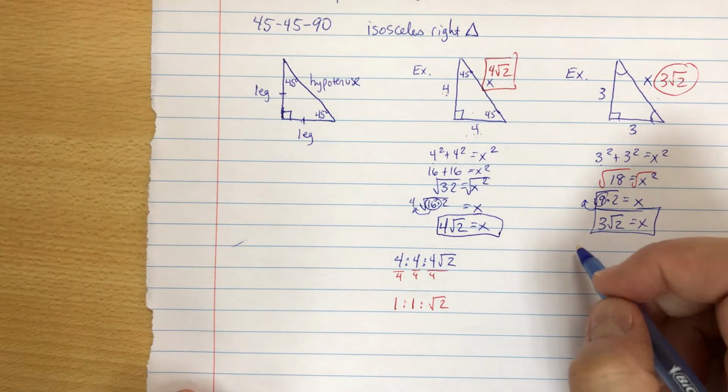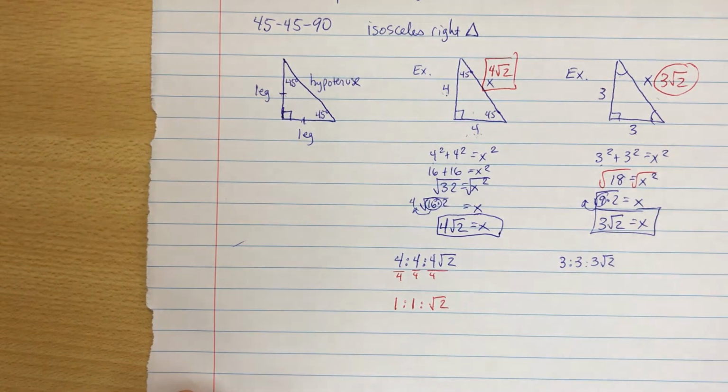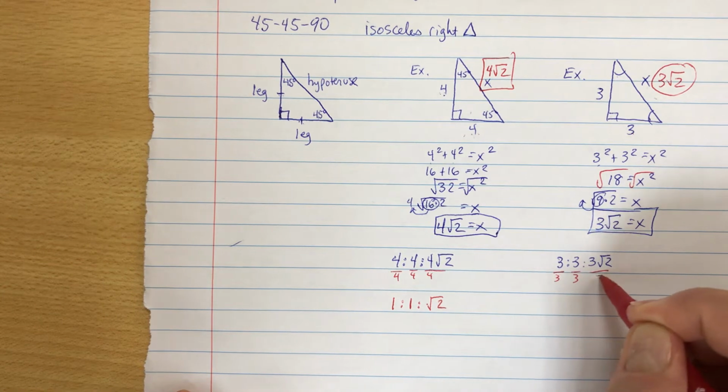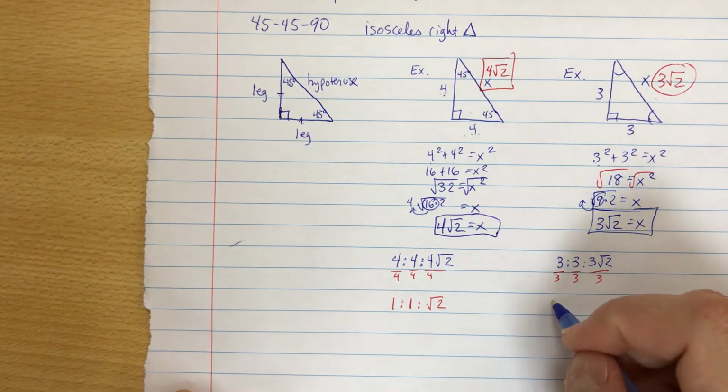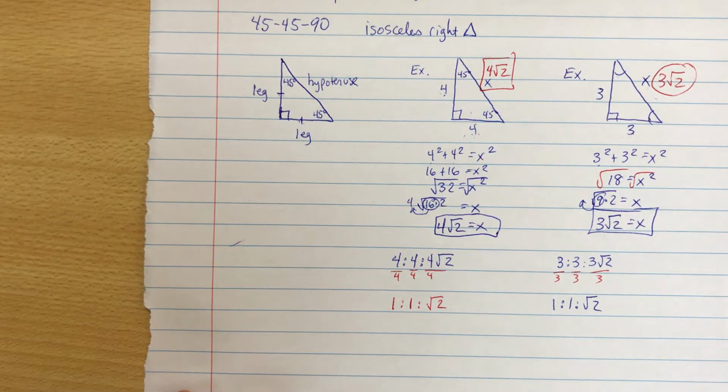If the measures of the right triangle are 3, 3, 3 square root 2, this time we could divide by 3 to reduce, and we would get 1 to 1 to the square root of 2.